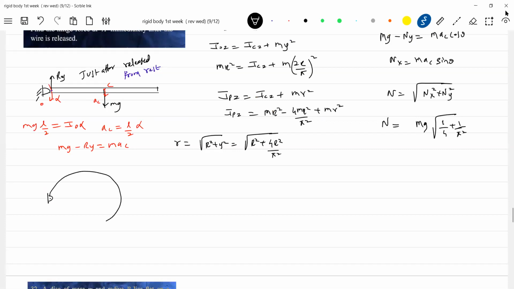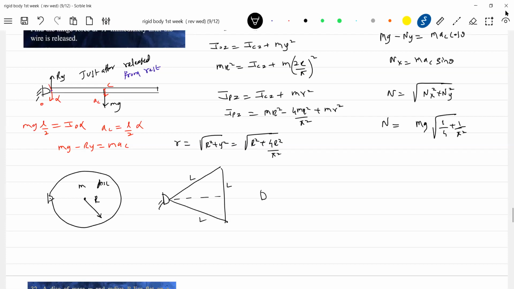So if I release a disk, then instead, let me release a triangle. Equilateral triangle, you can take it.